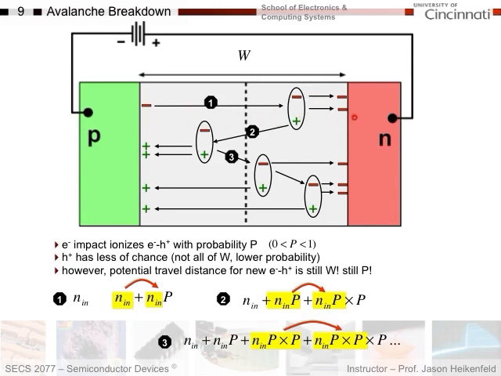So your probability can be assumed that together the hole that's generated and the electron that's generated together have the whole width W to generate more carriers. Okay. So they typically don't have to go as far before they generate something. But again, let's look at this power series.